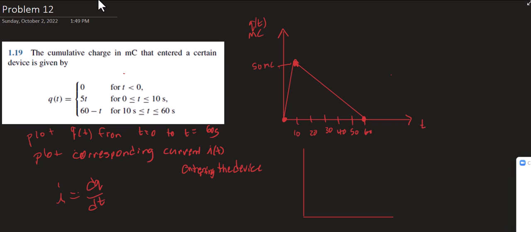That is important. I is dq/dt. So this is I, and it's going to be in milliamps because our charge was in millicoulombs. This is t in seconds. So we'll have our same time scale.